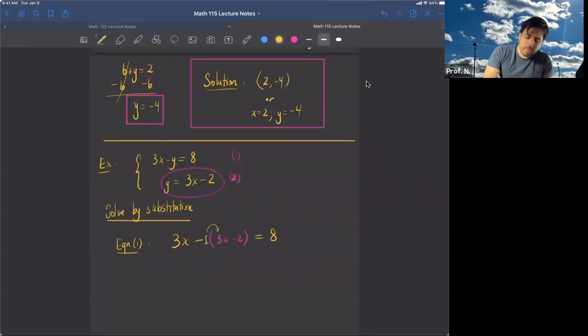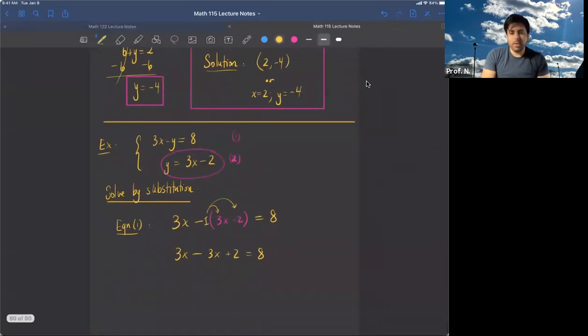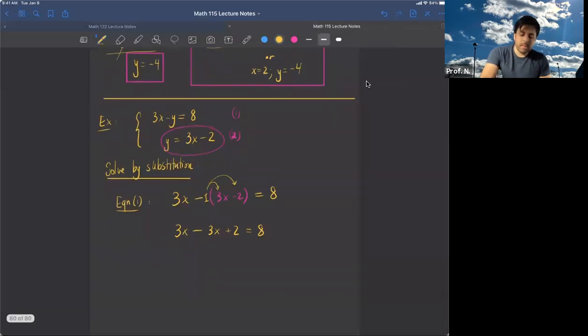Distribute that negative 1, and I get 3x minus 3x plus 2 equals 8. But what happens? And I think, Emil, you're already understanding something here, right? 2 equals 8? No. This is impossible. 2 does not equal 8.